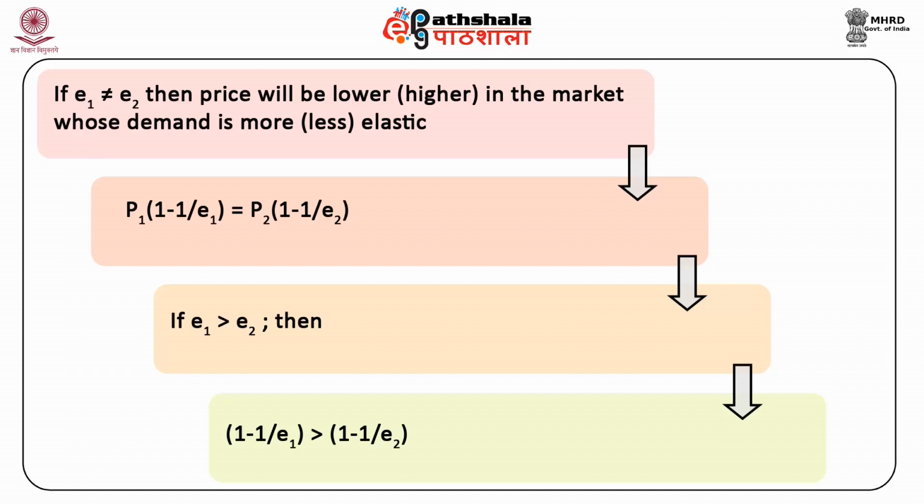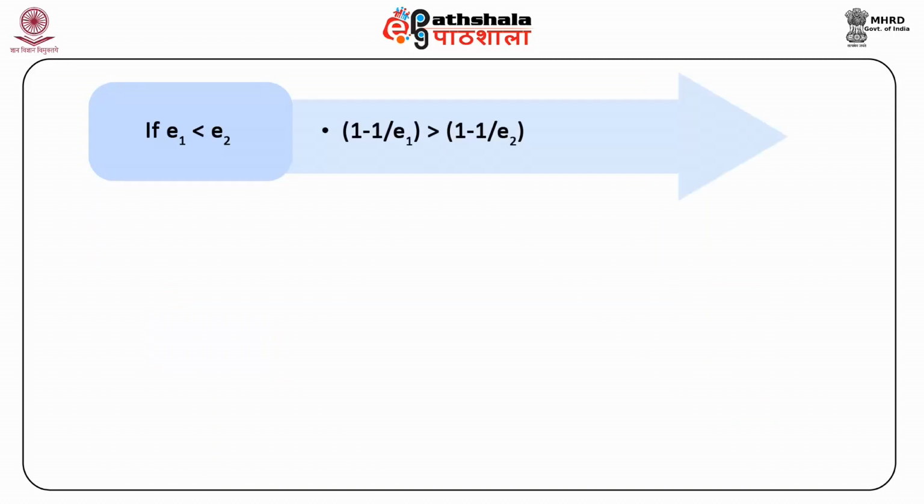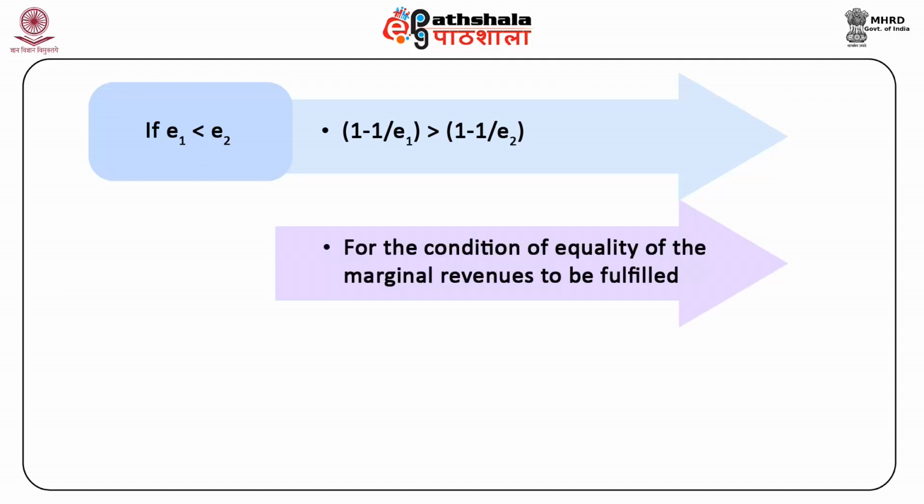Thus, for the condition of equality of the marginal revenues to be fulfilled, P1 is less than P2. Or if E1 is less than E2, then 1 minus 1 upon E1 is less than 1 minus 1 upon E2, and for the condition of equality of the marginal revenues to be fulfilled, P1 is greater than P2.